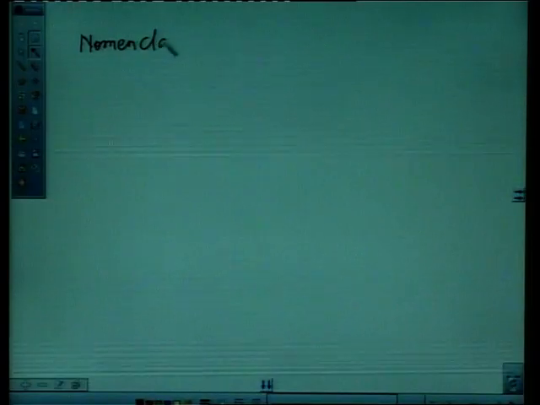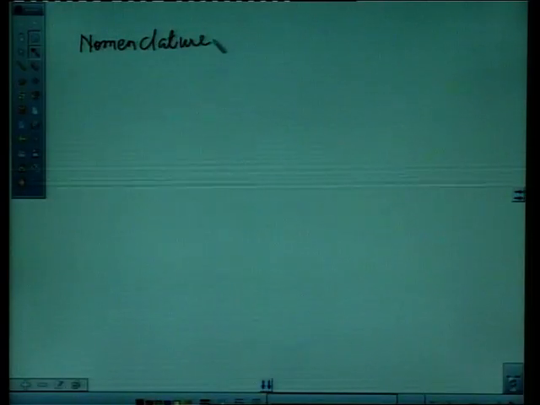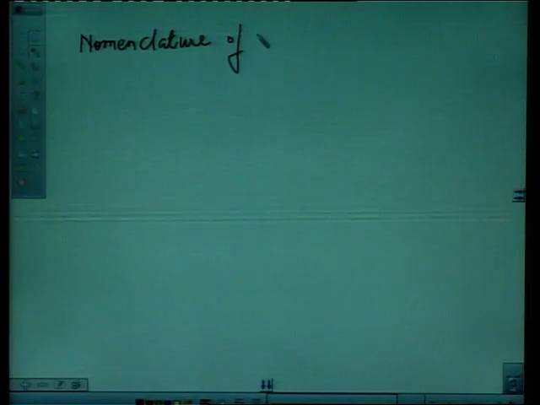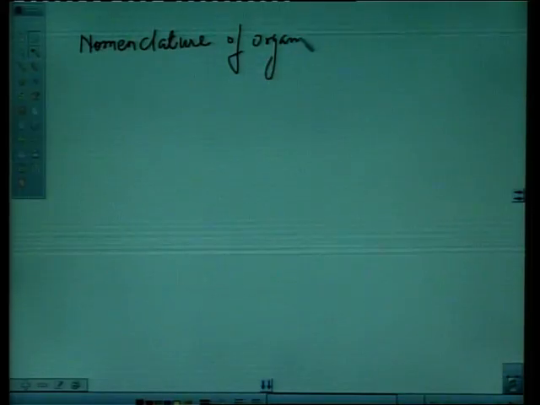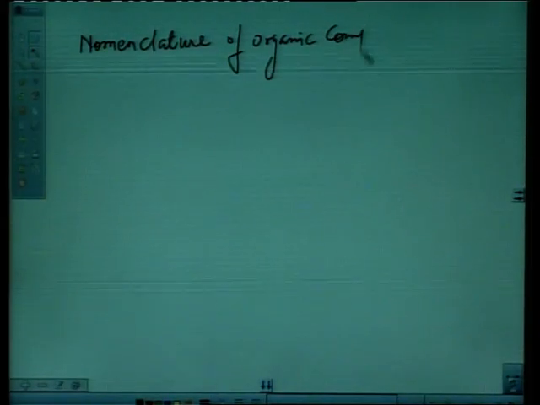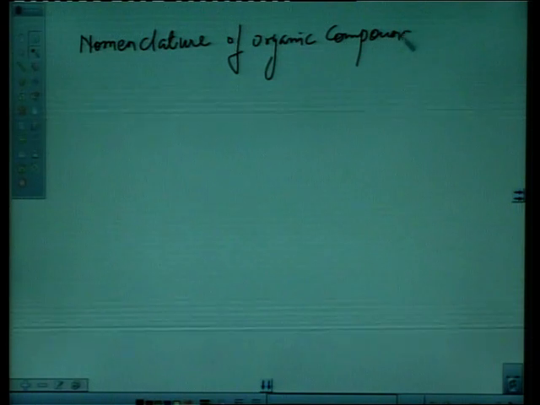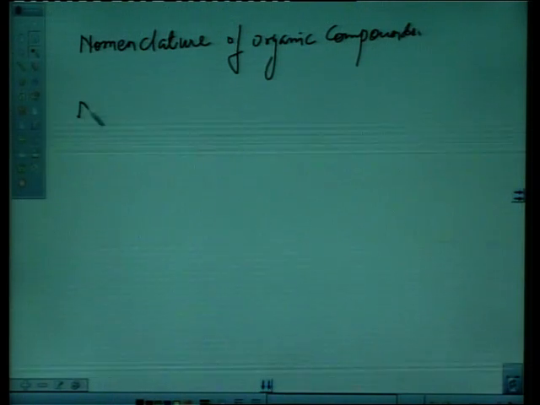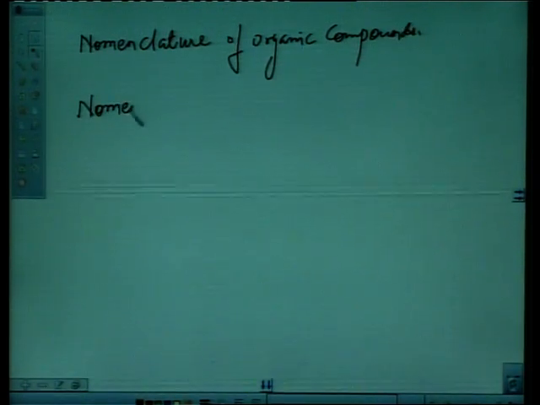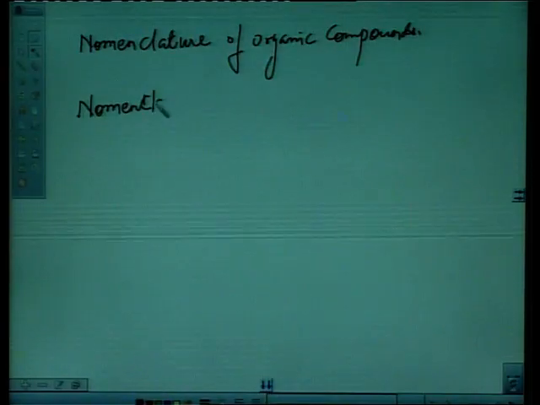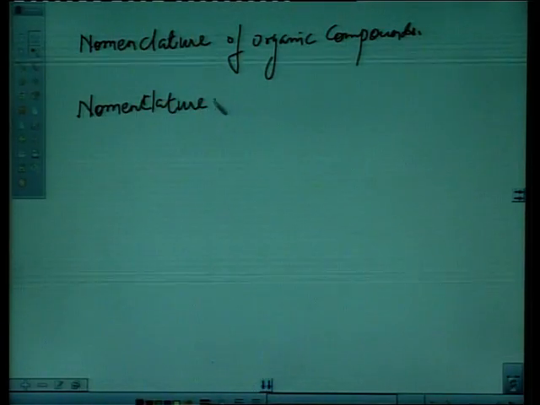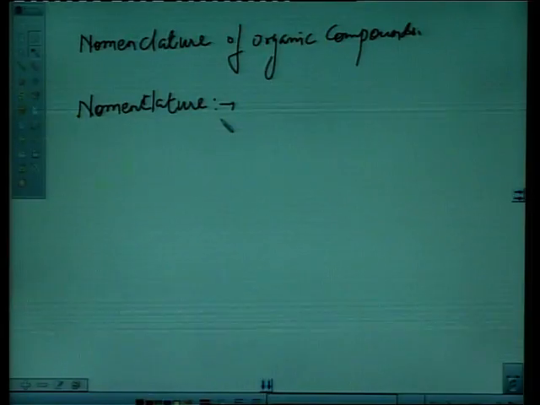So next is nomenclature of organic compounds. Nomenclature here means naming a compound.